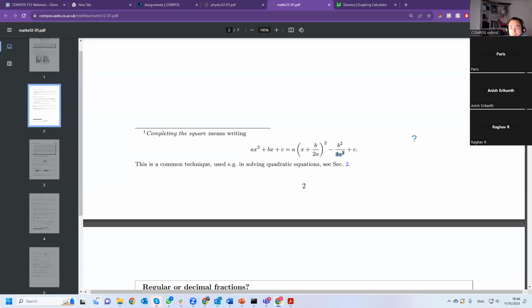Wow, we've carried this error for a long time. So, quadratics.